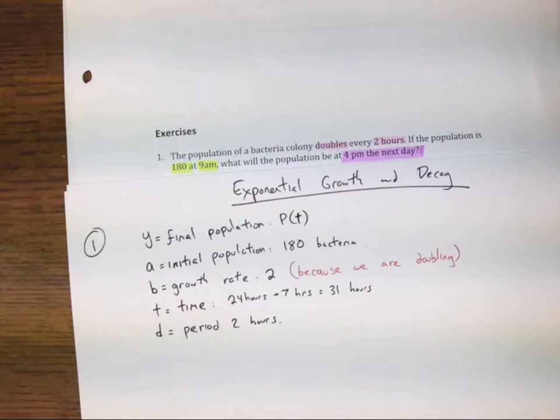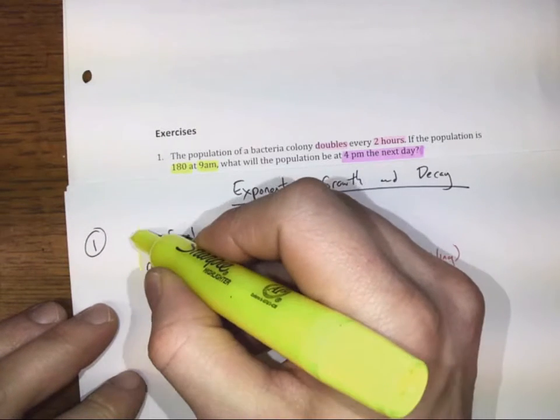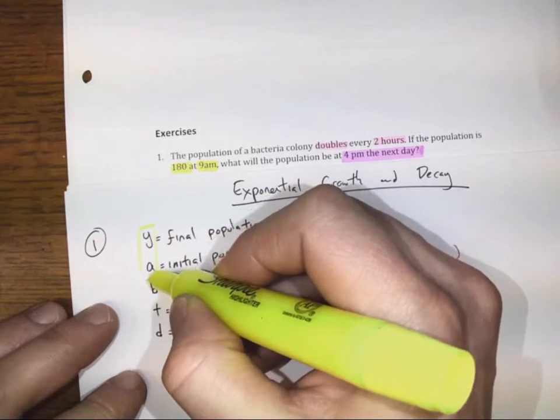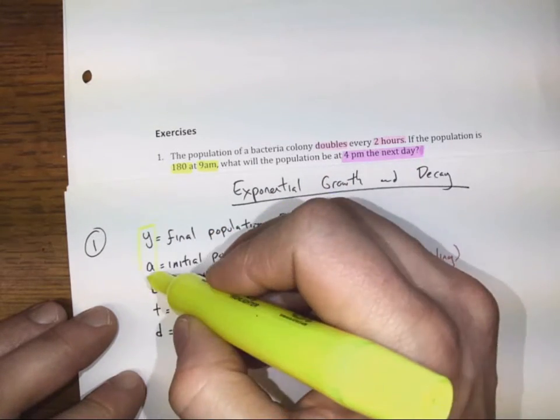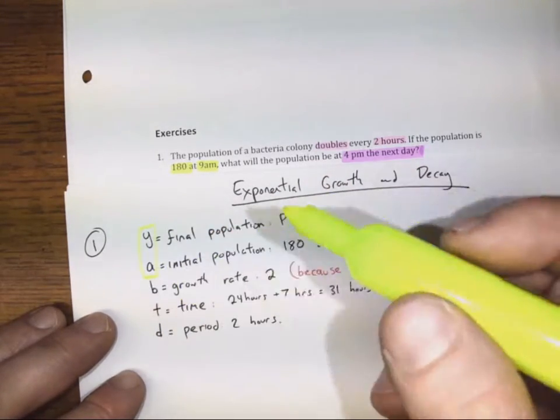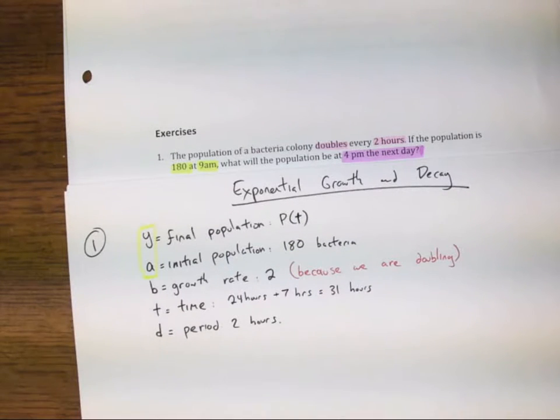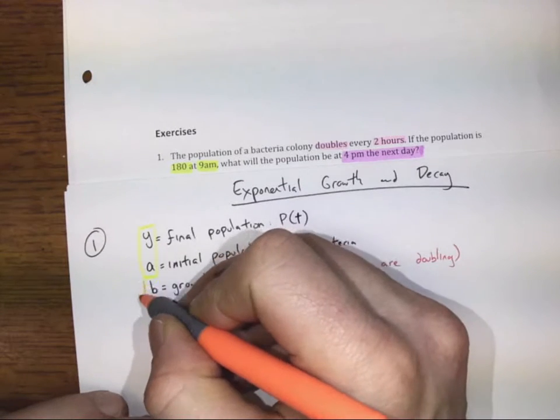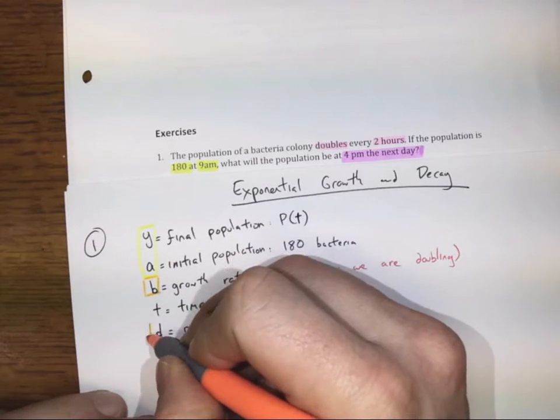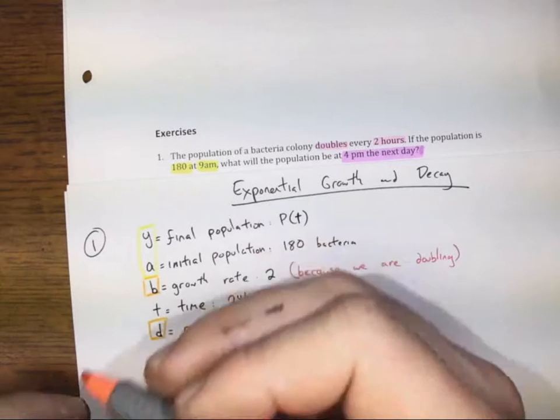Now, in case you haven't noticed already, certain of these variables are always related. Y and A are always related because they always measure the same kind of quantity. And also, our period and our growth rate, B and D, are also always related.